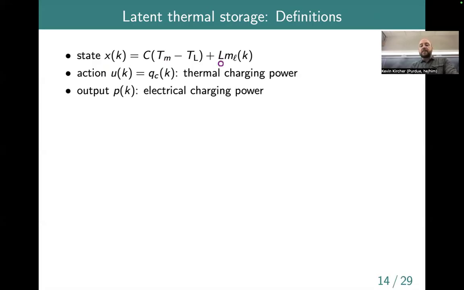And L is the latent heat of fusion, and ML is the mass of fluid or material in the tank that is melted. So if nothing is melted, and if we choose TL to be equal to the melting point, then we'd say we have 0 energy in the tank.